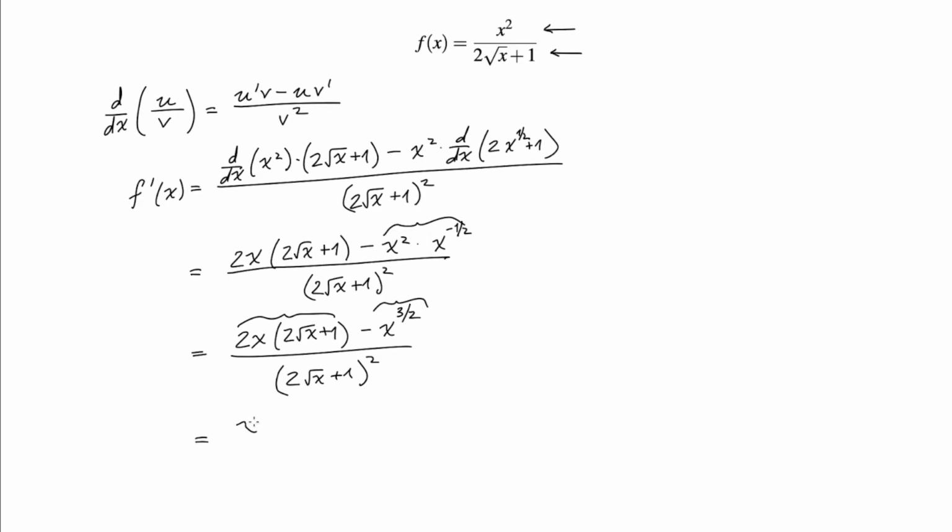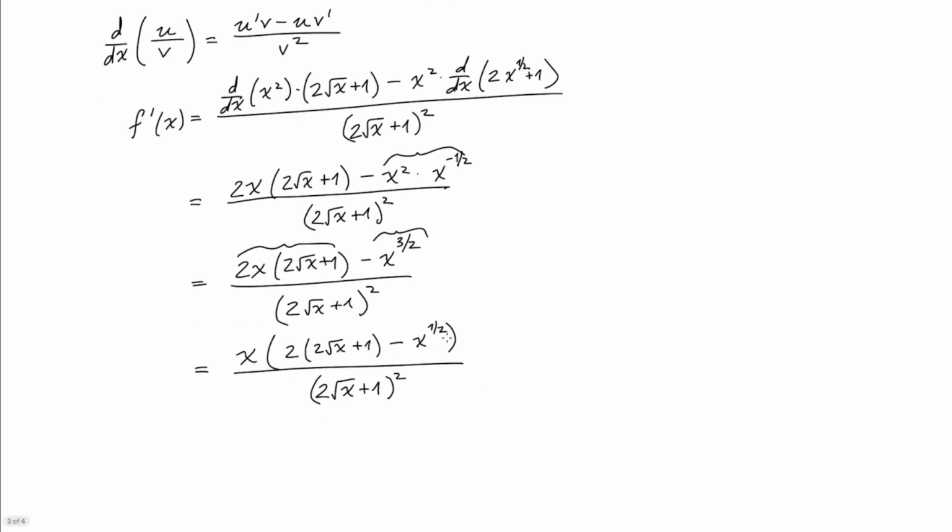So we're going to factor the x out, and we are left with 2, and then the 2 root x plus 1, minus, and then if we pull an x out of this, we're left with just x to the 1/2. Remember, when you factor out an x, you subtract the power that you pulled out. And so we pulled out the power of 1, and so 3/2 minus 1 is 1/2. And then over 2 root x plus 1 squared.